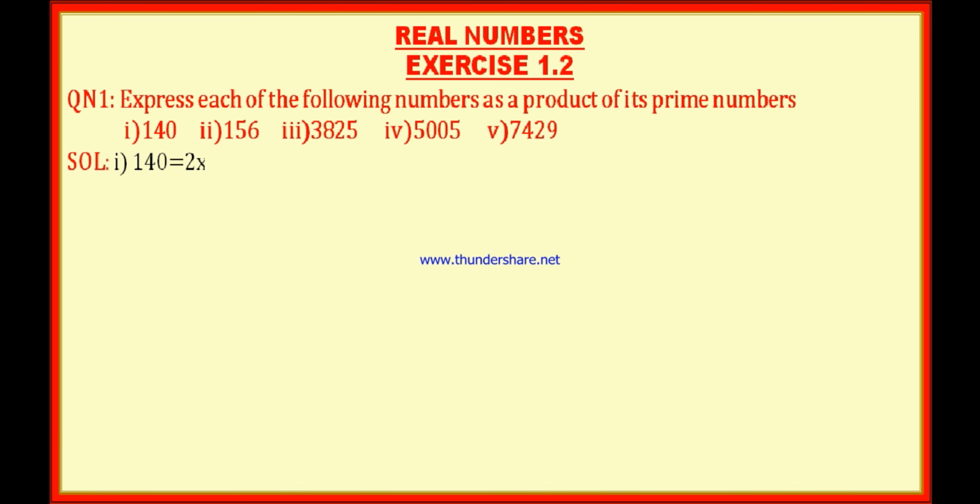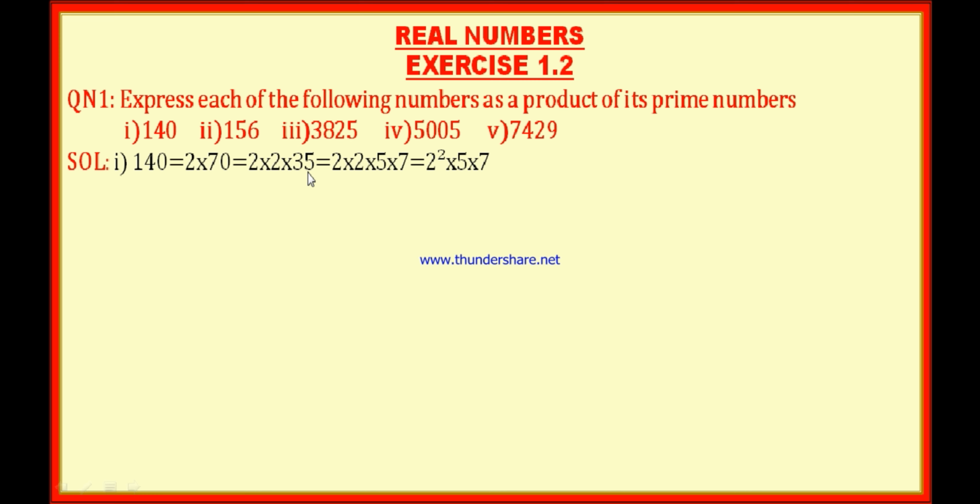Let us solve the first one now. We have to express 140 as the product of primes. If you look at 140, you can find 0 in the units place, therefore it is divisible by 2. So you can write 140 as 2 into 70. Again 70 is divisible by 2. Therefore, first you write this 2 and later 70 as 2 into 35.